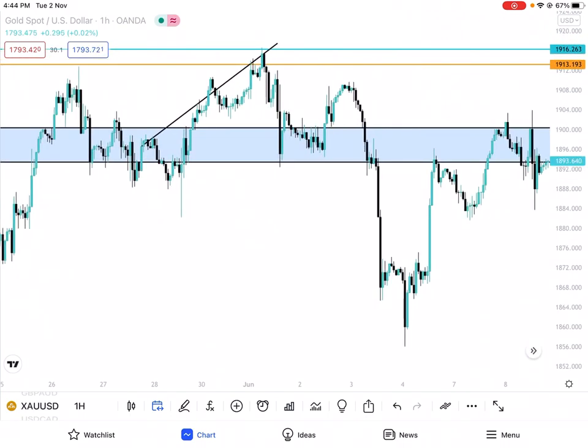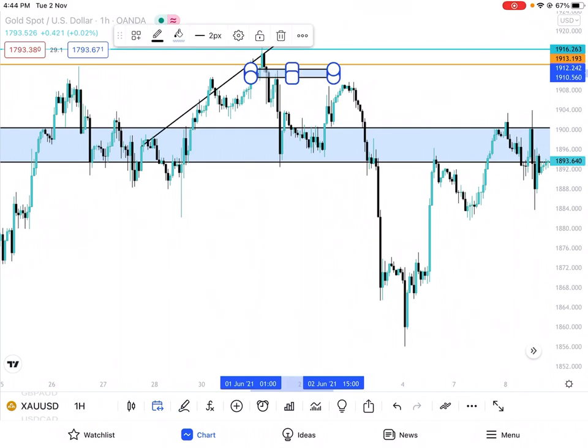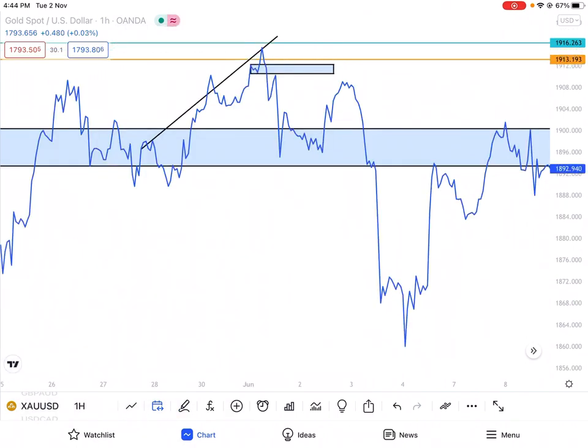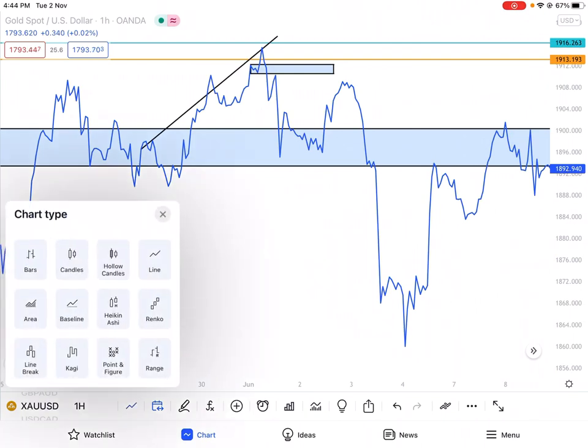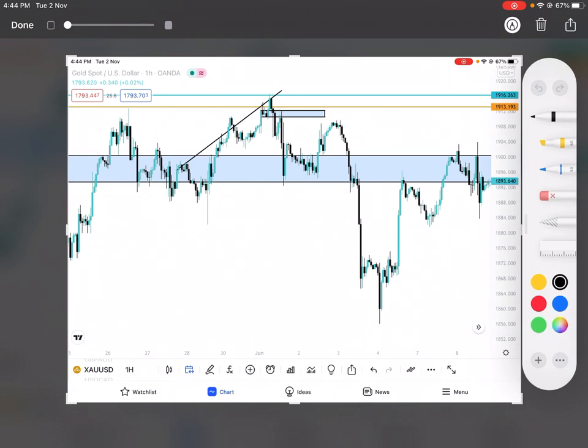On H1 we have here H&S, see, H&S, then price drops.